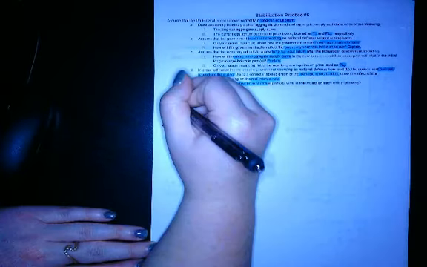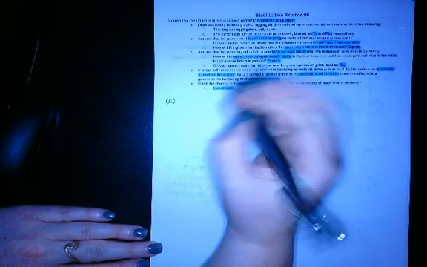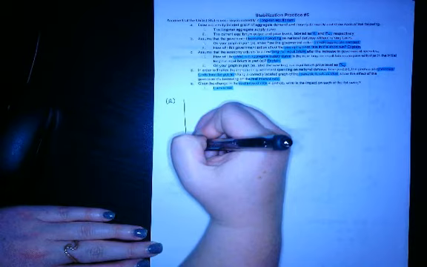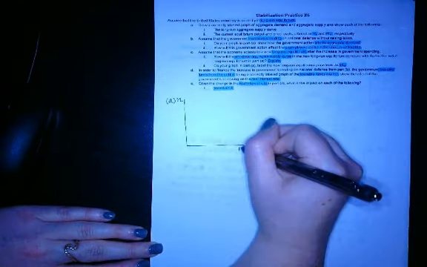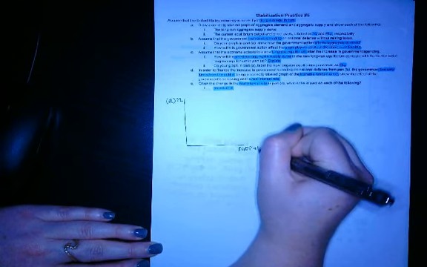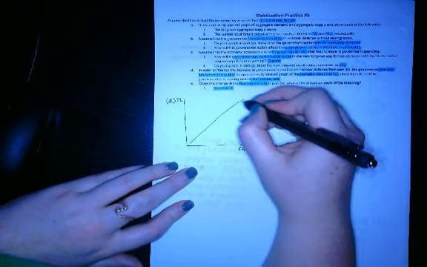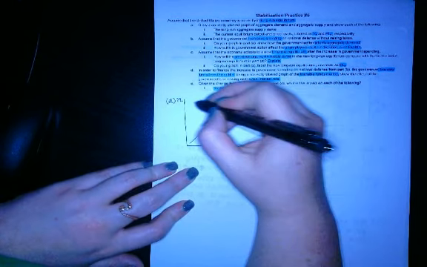A, draw a correctly labeled graph of a market economy at equilibrium, and we have special labels. So we have PL, and then our GDP equals Y equals Q. Short run aggregate supply 1, and AD, aggregate demand 1.